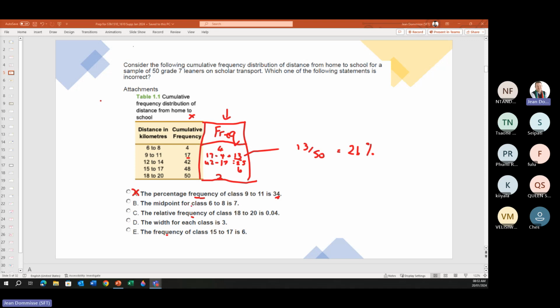Okay, the midpoint for class 6 to 8 is 7. So basically, how I normally do it is 6, 7, 8. The one in the middle is the midpoint. So the midpoint is 7. Oh, sorry, which one is incorrect?